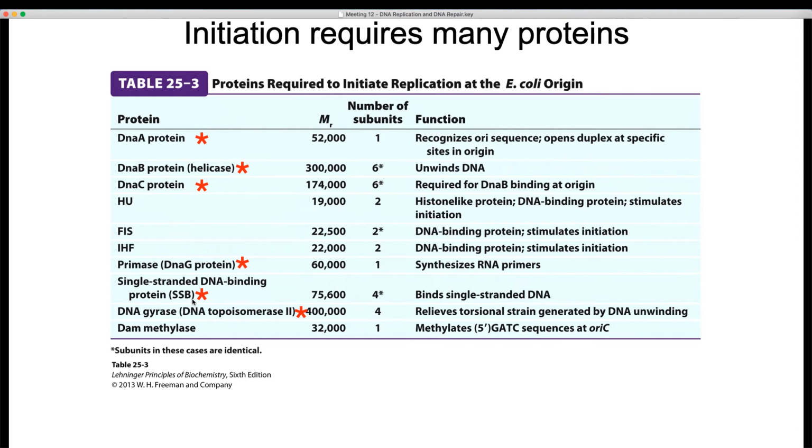Those are proteins that bind to single-stranded DNA and stop the DNA from coming back together again before it gets replicated. And finally, we have a gyrase. We have a topoisomerase that's necessary for dealing with the supercoiling that's happening as a result of DNA replication and the separation of the two strands of DNA. So there's a lot of proteins involved in DNA replication.